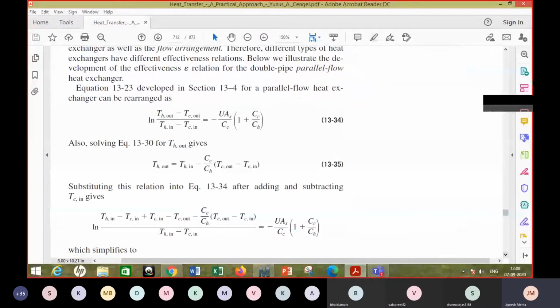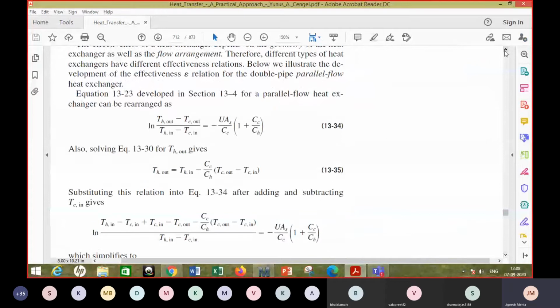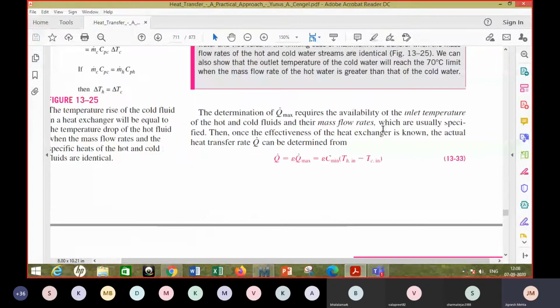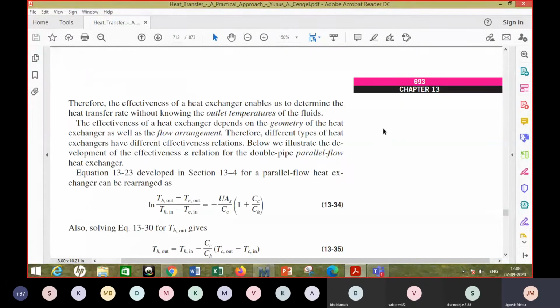Now, what is the method to solve the problem with the help of the effectiveness-NTU method? Effectiveness is a function of the ratio of the heat capacity rates and NTU.